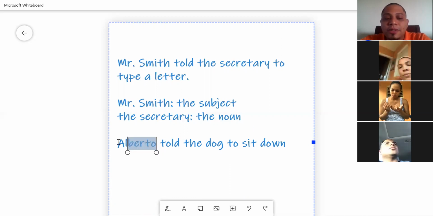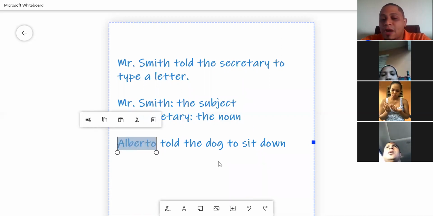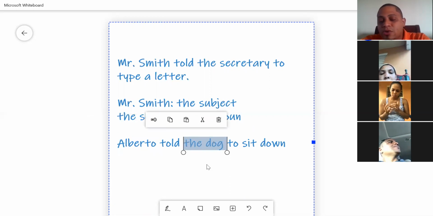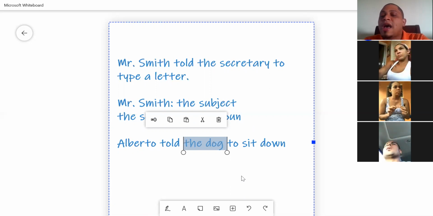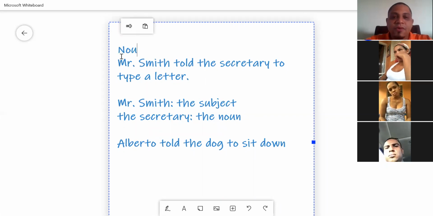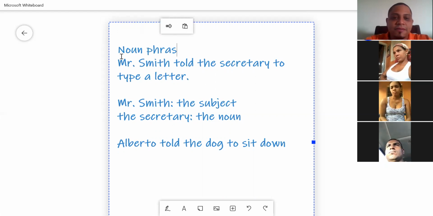You have Alberto, which is the subject, and you have the dog, which is the noun. So this whole sentence includes, besides the subject, a noun, and this is what we call a noun phrase. Let me put it up here. Noun phrase. Noun, which means name, right? Noun is name, so noun phrase.